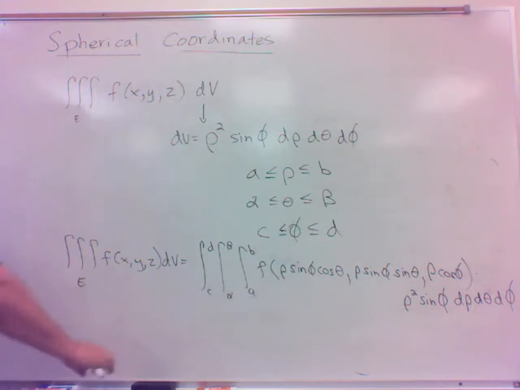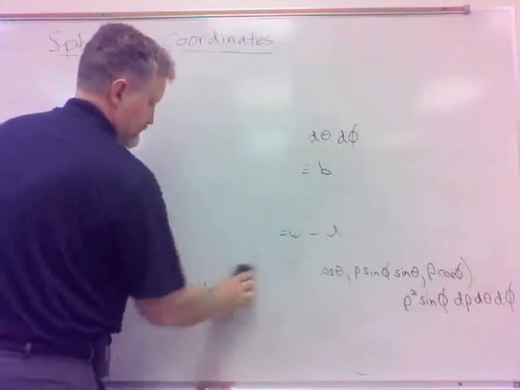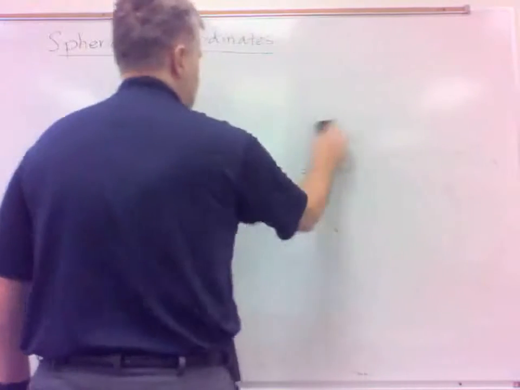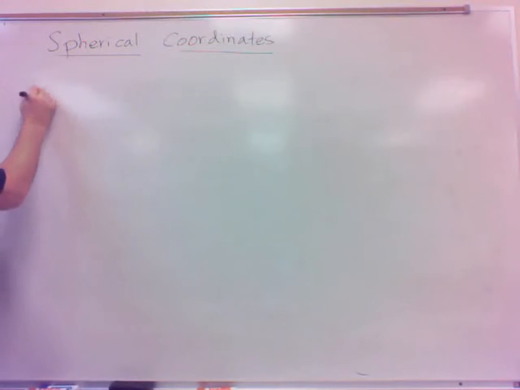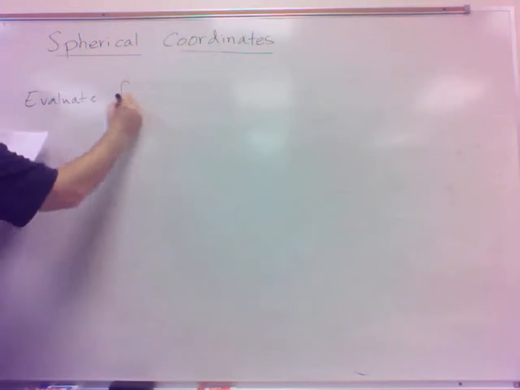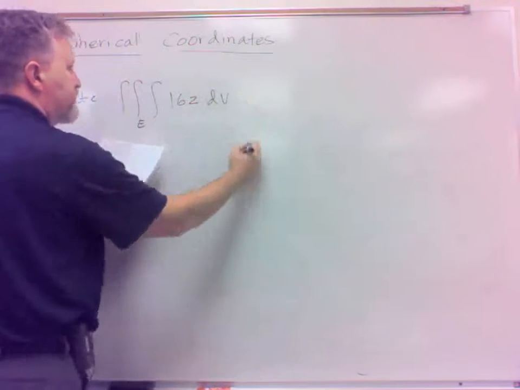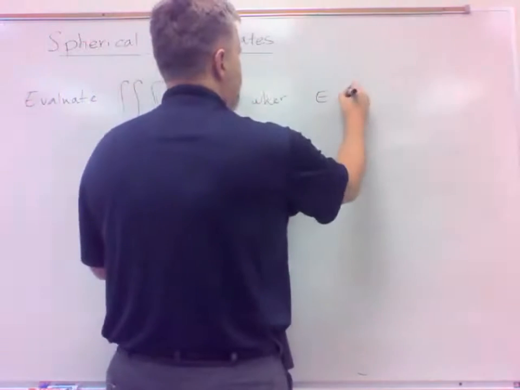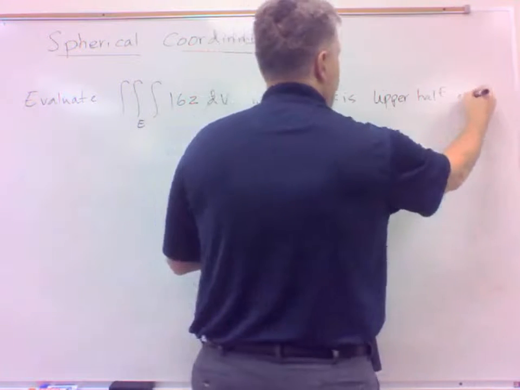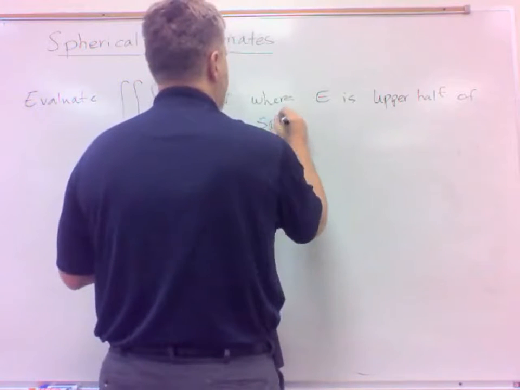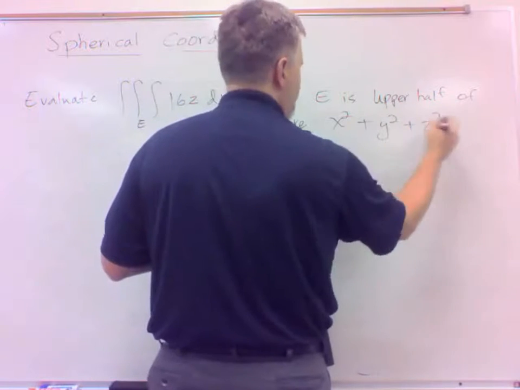So let's do one here. We evaluate the triple integral over region E, 16z dV, where E is the upper half of the sphere x squared plus y squared plus z squared equals 1, I should say.